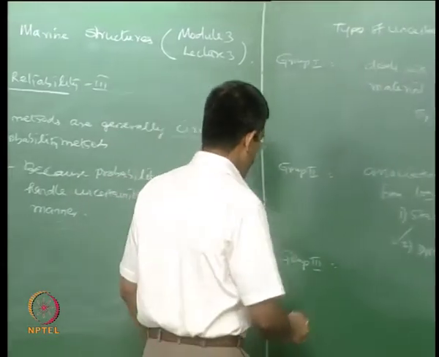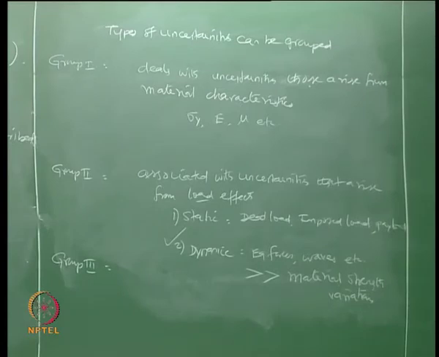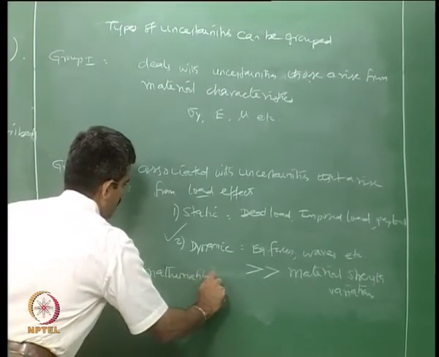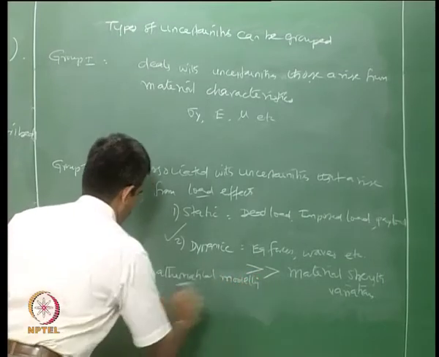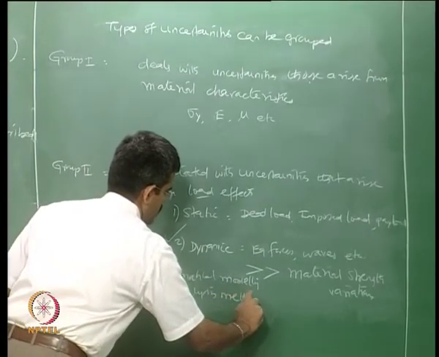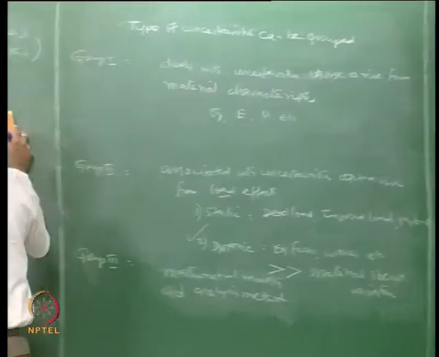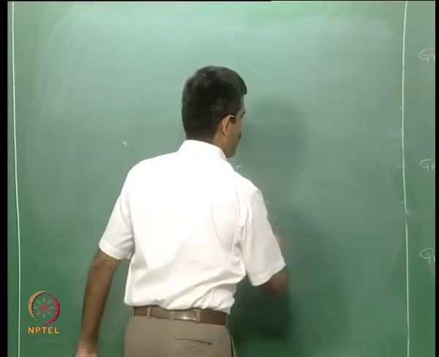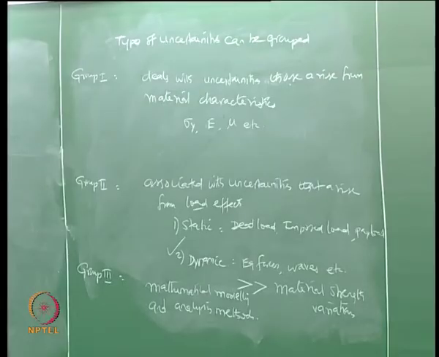The third group of uncertainty arises from mathematical modeling and analysis methods. Why?